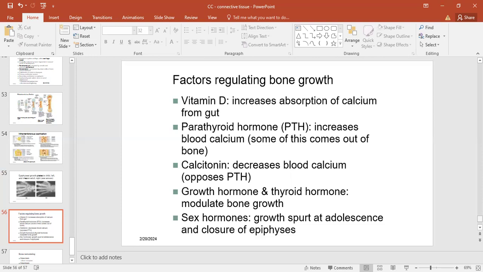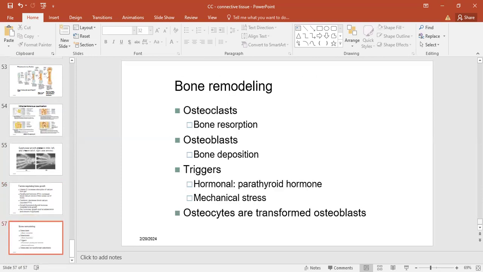Sex hormones, such as those produced during adolescence, cause a growth spurt. And so males become very much taller. You'd find that you were growing up with this male, he was nicely shorter than you.